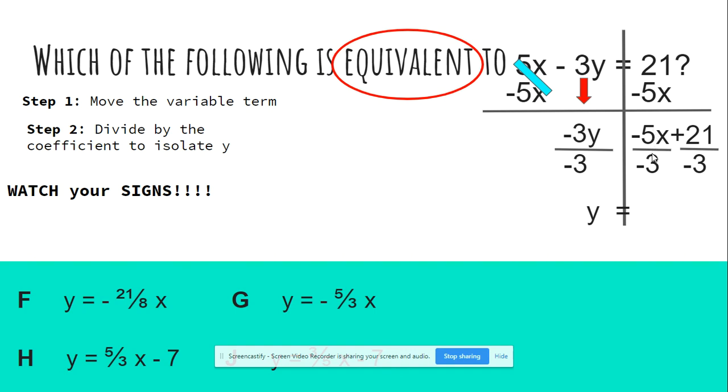A negative divided by a negative should give me a positive 5/3. So again, negative 5 divided by negative 3, it's positive 5/3 x. Positive 21 divided by negative 3 is a minus 7. So now it's in slope-intercept form, and my slope is 5/3, and my y-intercept is negative 7.